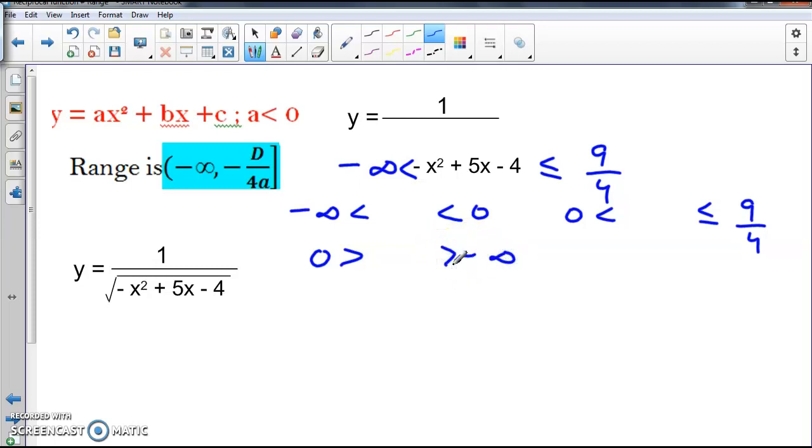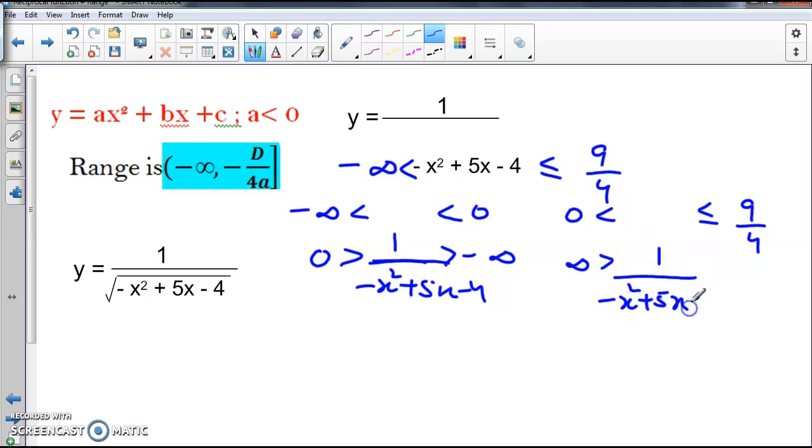Sign of the inequality changes on taking reciprocals. So we get 1 upon minus x square plus 5x minus 4 lies in this interval for the negative values, and for the positive values we get infinity greater than 1 upon minus x square plus 5x minus 4 greater than or equal to 4 by 9.